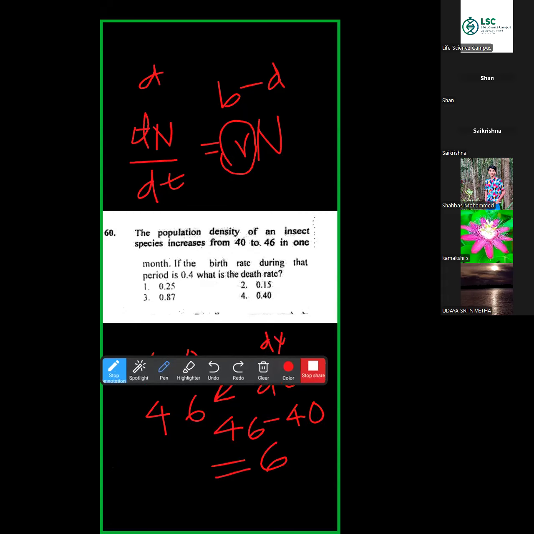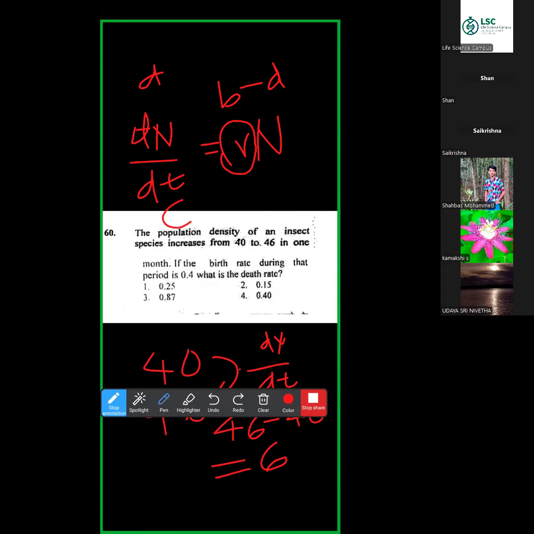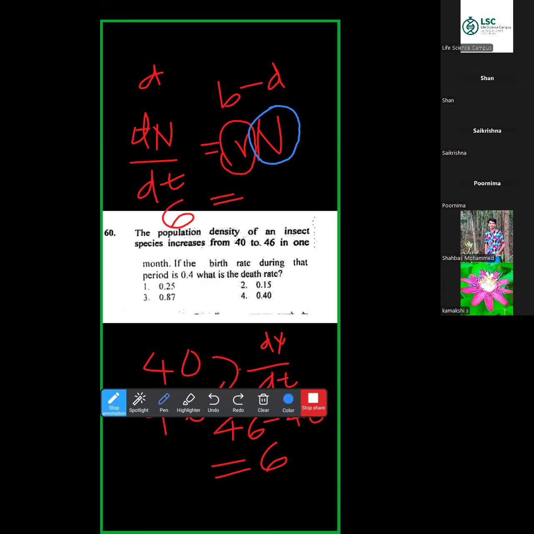So we can substitute this 6 in this equation. And what was this N? Do you remember that N? N is the initial population size.